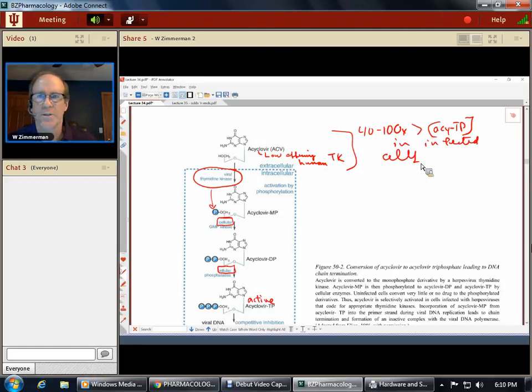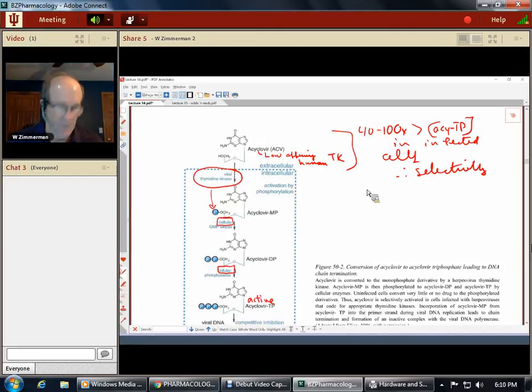Cells that aren't infected will still form a bit. And therefore, that's a lot of our selectivity. We'll see there's a little bit more to it than that, but that right there is a big key. Compare that to ganciclovir.